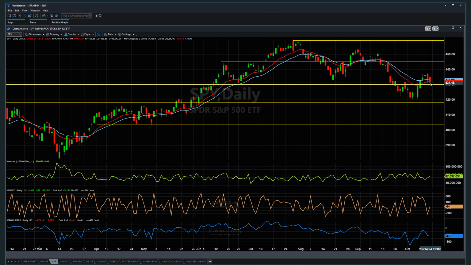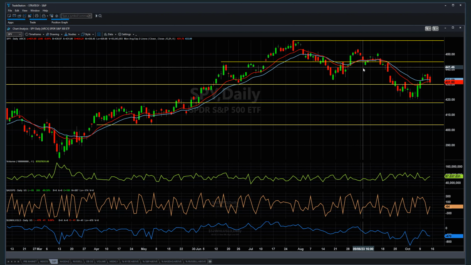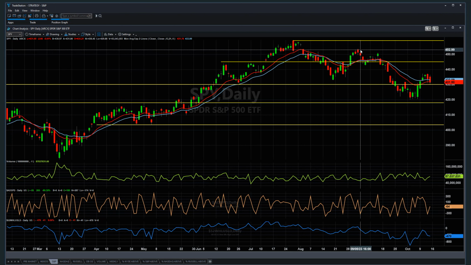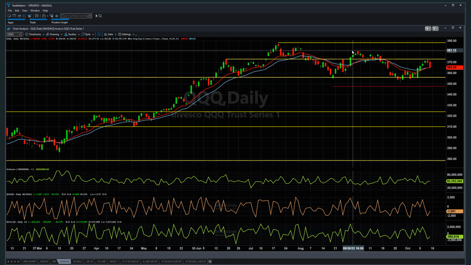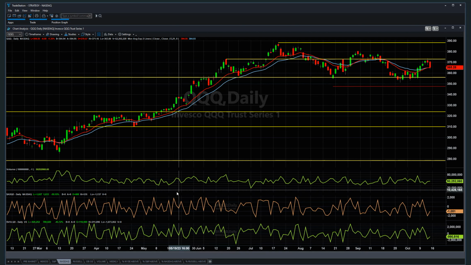You can see we've got 4 days of rotation in the spiders. This high comes in right around 437.75 area. If that were traded through, I think that's going to open up the possibility of trading up to the 445 area. And then, of course, what would negate the bearish price pattern is trading above this high. This would be the 454 area in the spiders. In the Qs, it would come in right around the 381 area.